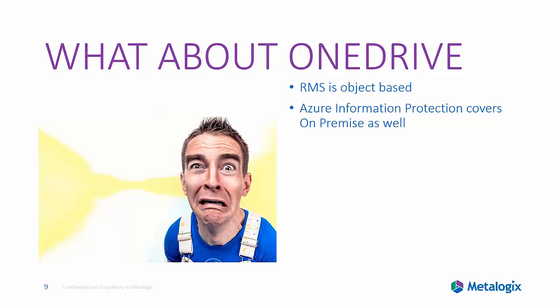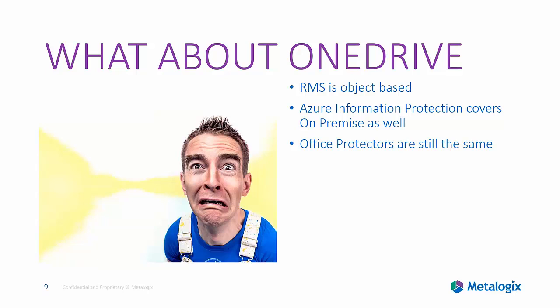So if you've got SharePoint on-premise, running in Azure or in your local data center or in your basement in your office, you get rights management services or Azure IP protection extended to that as well.